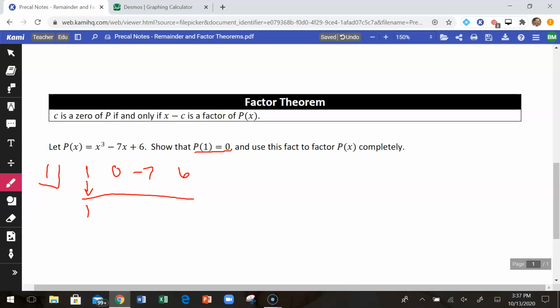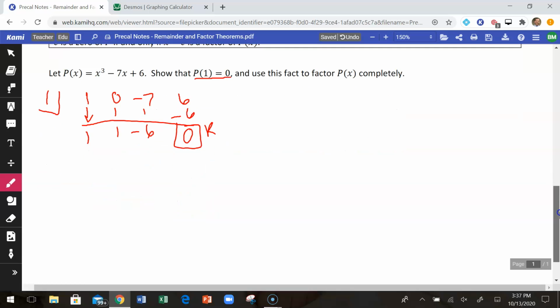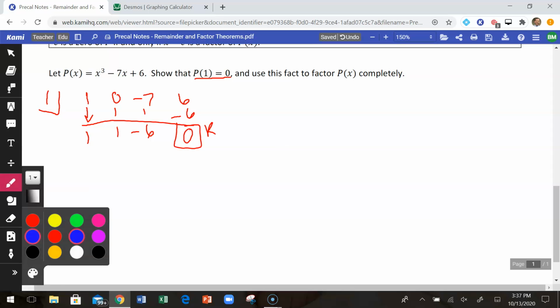Drop the 1, multiply and add, multiply and add, multiply and add, and I got a remainder of 0. So I have shown that p of 1 equals 0 because the remainder I got when I did synthetic division with 1 was 0. And it says to use this fact to factor this completely. So what that means, I'll do this out to the side.